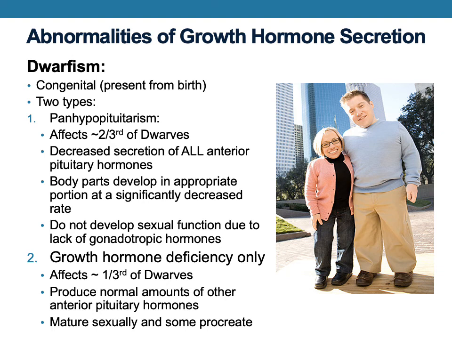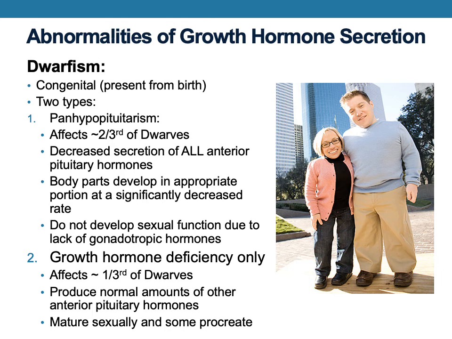Approximately 2/3 of individuals affected by dwarfism are born with panhypopituitarism. With this type of dwarfism, body parts develop in reasonably appropriate proportion, but at a significantly decreased rate. Individuals with this type of dwarfism do not experience puberty or develop sexual function due to lack of gonadotropic hormones.